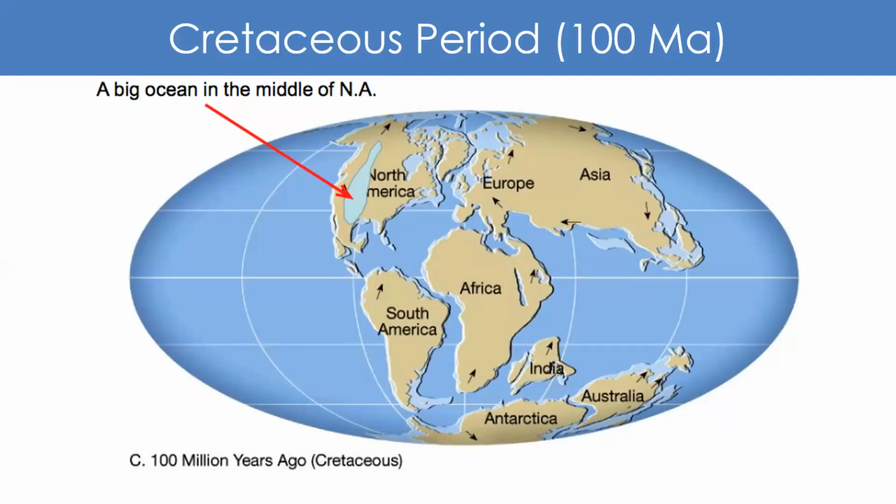So during the Cretaceous period, which is the end of the Mesozoic period, we have a big ocean middle waterway, which was known as the Western Interior Seaway, all the way through North America, all the way from Mexico up through almost to Alaska.